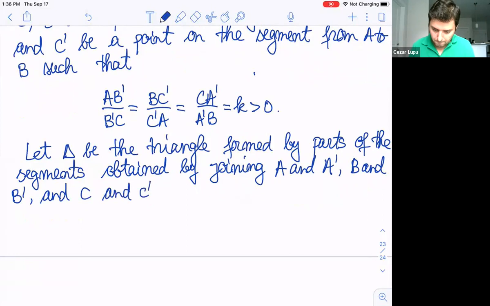Okay, prove that. My God, this statement is quite long.